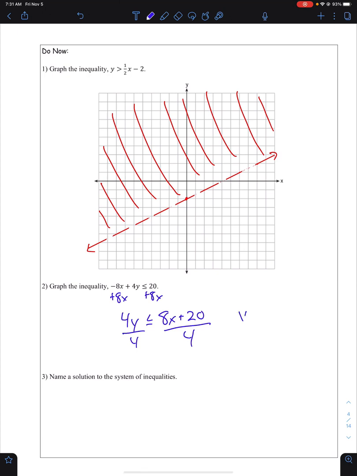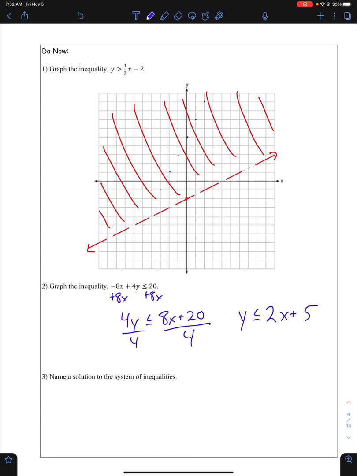And that'd be y is less than or equal to, make sure you divide each term in the numerator by the denominator. So that would be 8x divided by 4, which is 2x, plus 20 divided by 4, which is 5. So my y-intercept is 5, and my slope is up 1 to the right, positive 2.